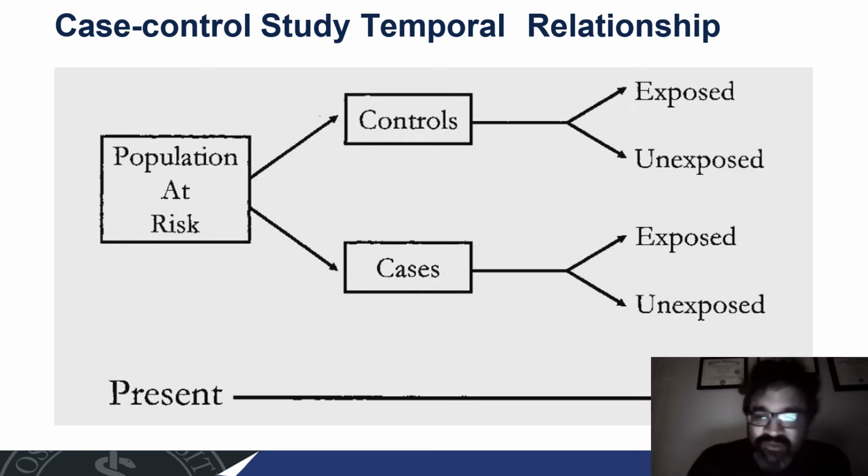So going from the present back to the past and looking for the exposed and unexposed. You look at the population at risk, split them into cases and controls, and then look at unexposed versus exposed.